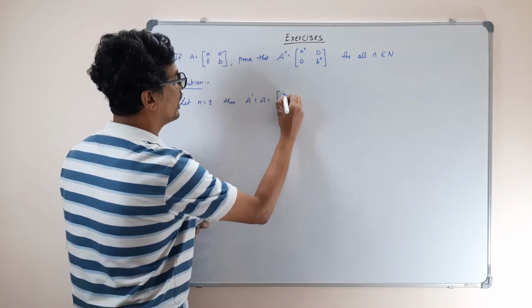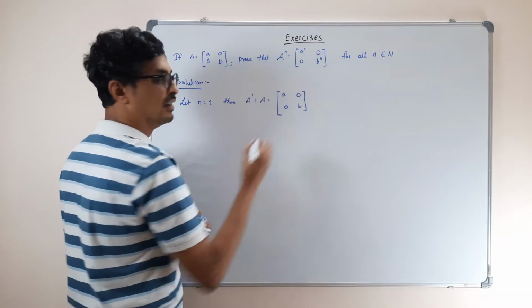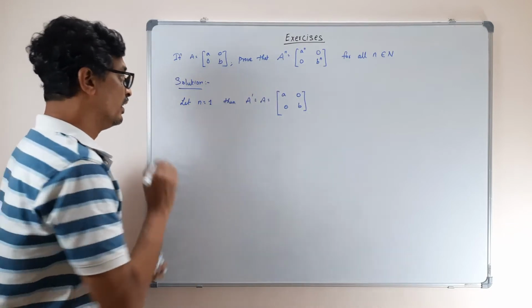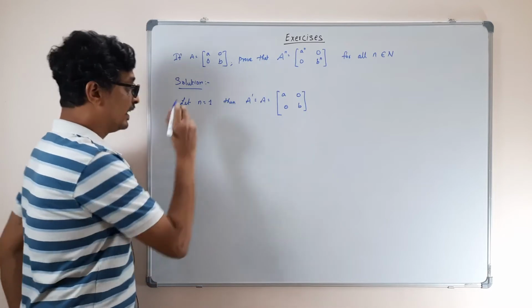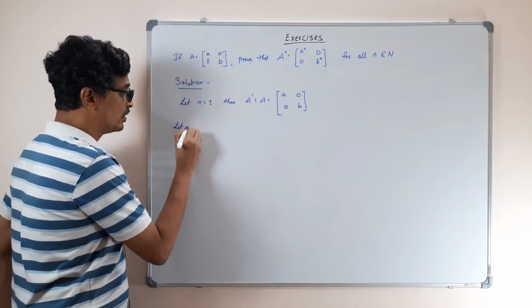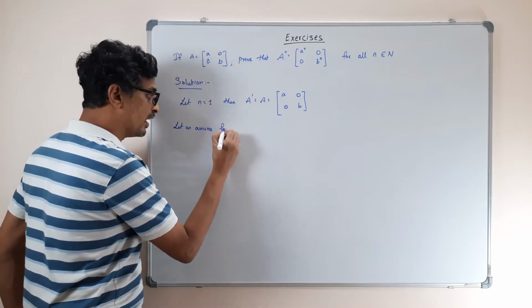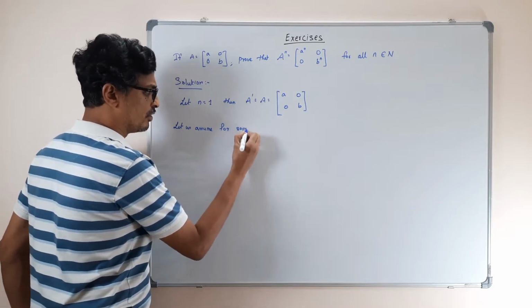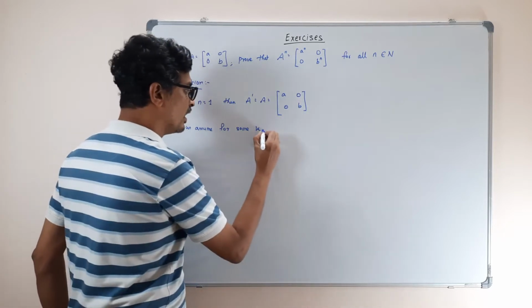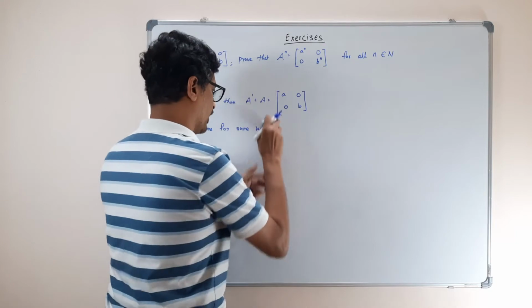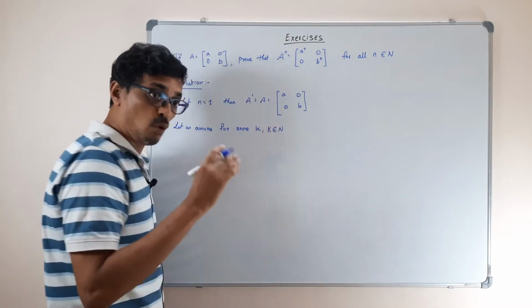That will be A 0 0 B. Now the method of mathematical induction is, let us assume for some k, and k is an element of N. We don't know what that k is.